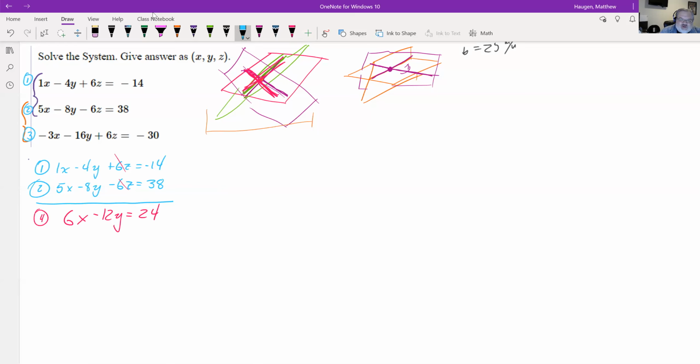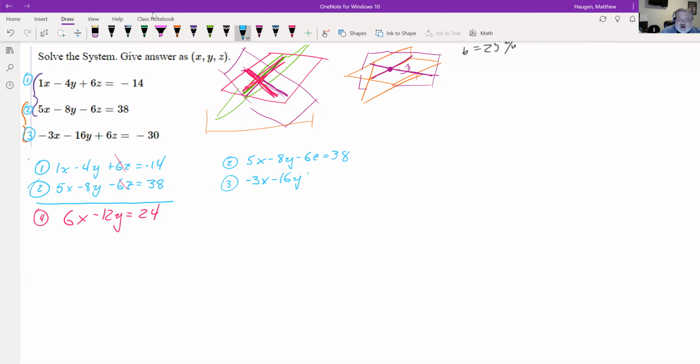It doesn't matter which two other planes or which two other equations we grab, just because of how I've labeled this here. I'm going to grab 2 and 3. It doesn't matter what equations we use as long as it's a different pair than the first one. The key is we have to eliminate the same variable. So if we eliminated z in the first pair, we have to eliminate z in the second pair.